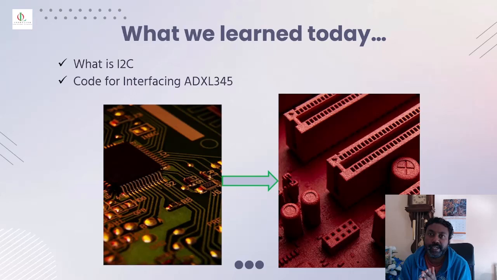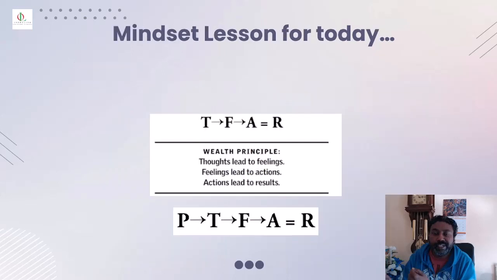As I said, you also have to shape up your mind as you develop your skill. So please remember the TFAR rule. T stands for your thoughts. So you need to have more positive thoughts, more can-do attitude, and the thoughts will change into your feelings. And whatever positive feelings you have, that positive energy in you, those positive feelings will turn into positive action-taking.